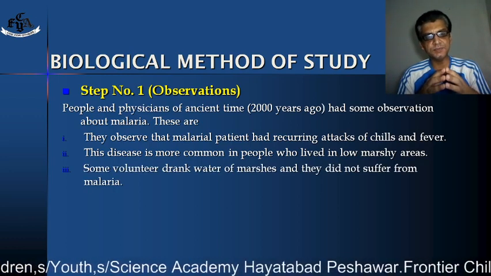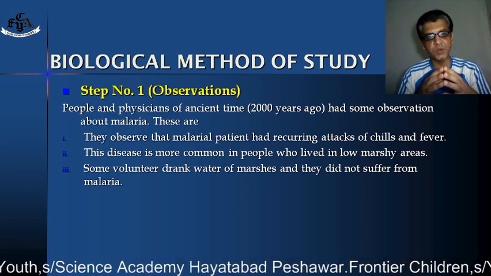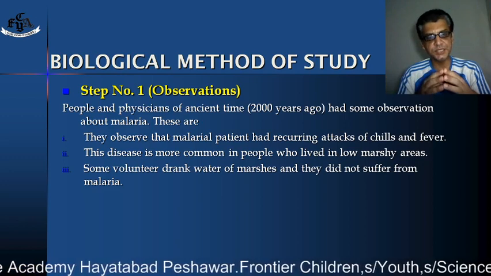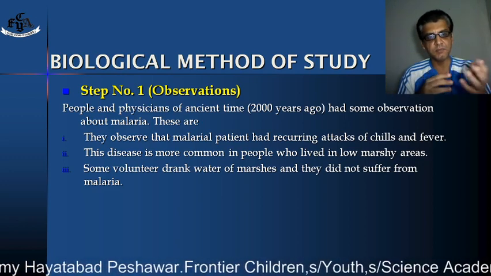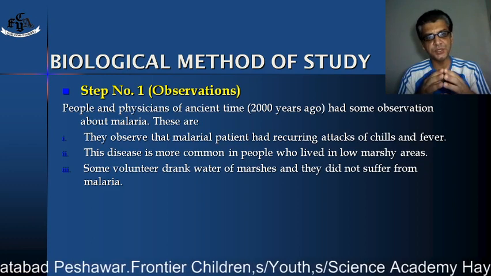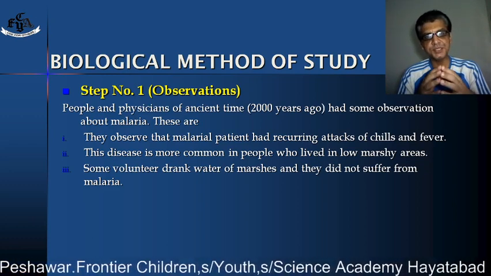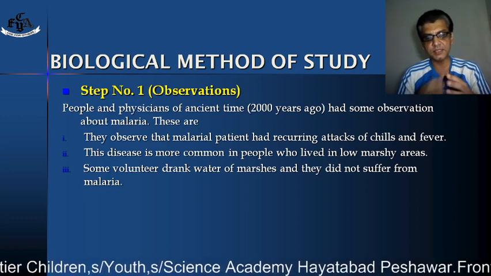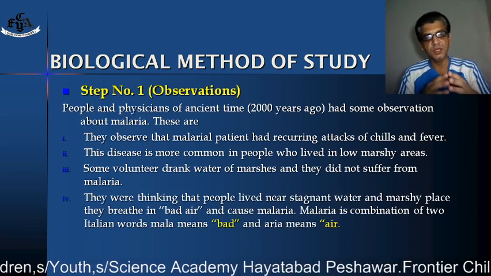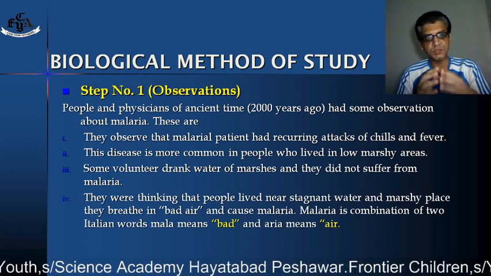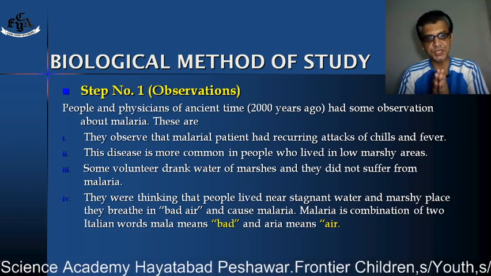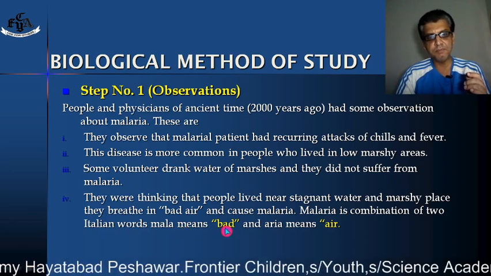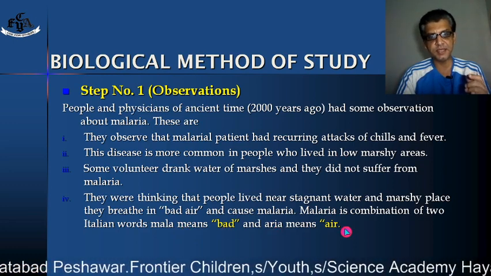The next observation: malaria was a very lethal and uncontrollable disease, so no volunteer was available, but some volunteers drank water of marshes and they did not suffer from malaria. Also, the word malaria is a combination of two Italian words, mala, meaning bad, and aria, meaning air.